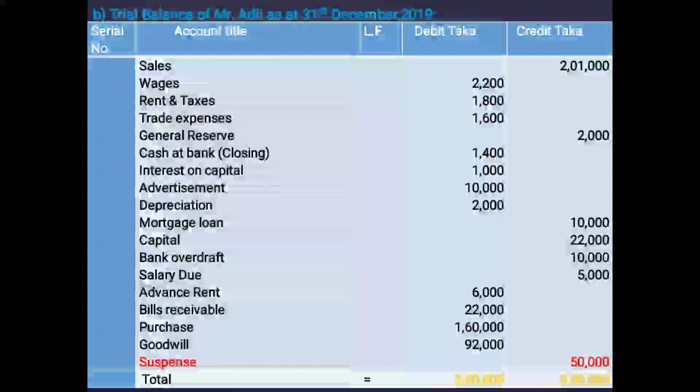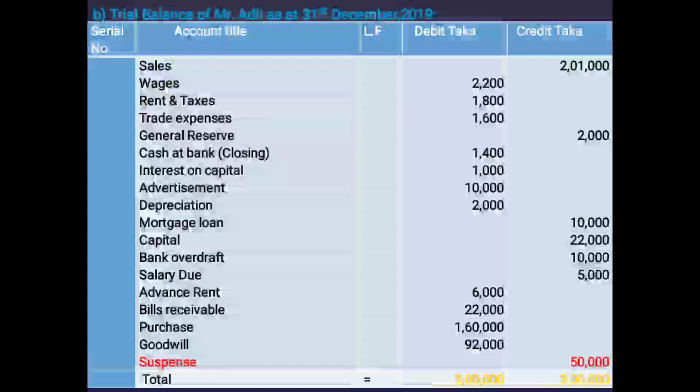Trade expenses is another revenue expenditure or expenses item. From the rules and procedure of preparing a trial balance, all expenses are debit, so trade expenses is debited in this trial balance for taka 1,600.